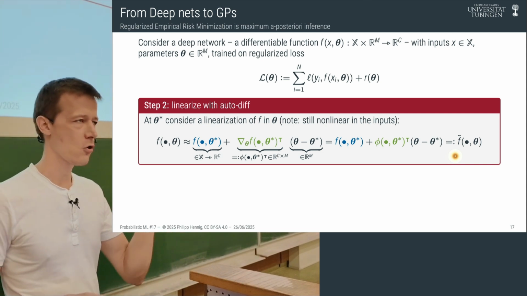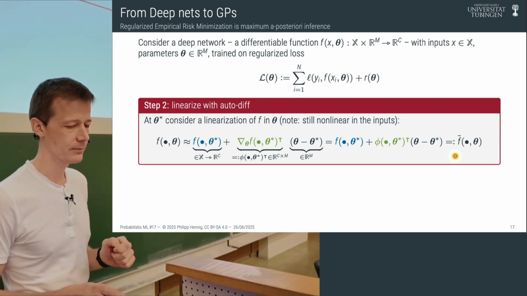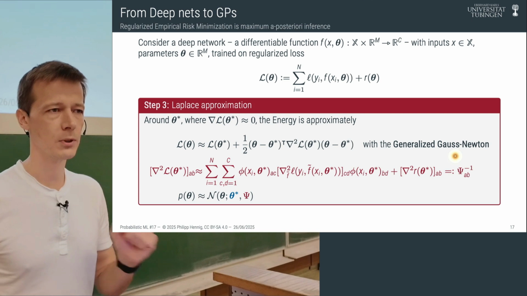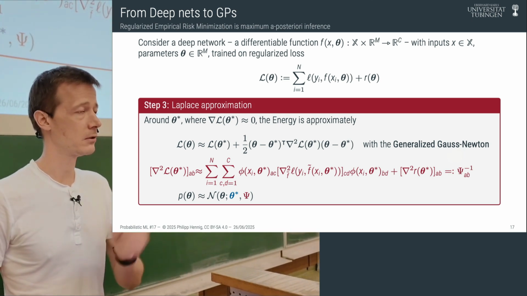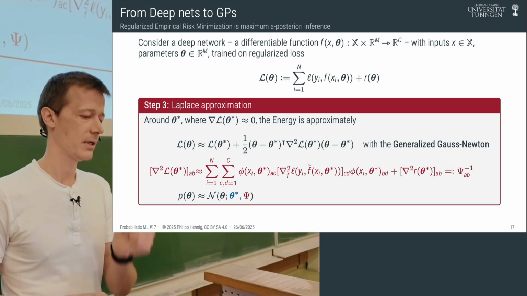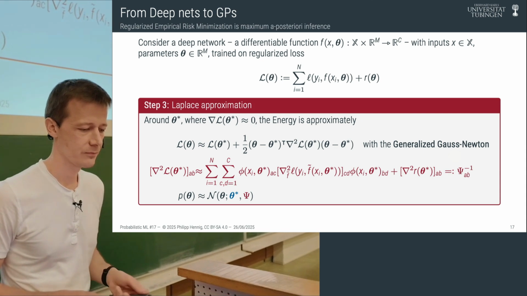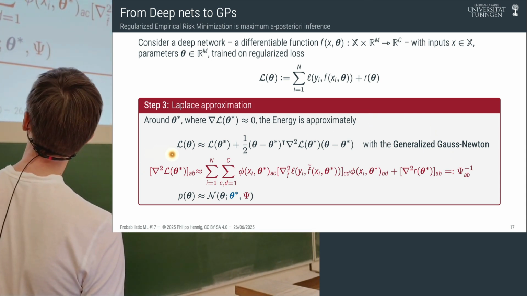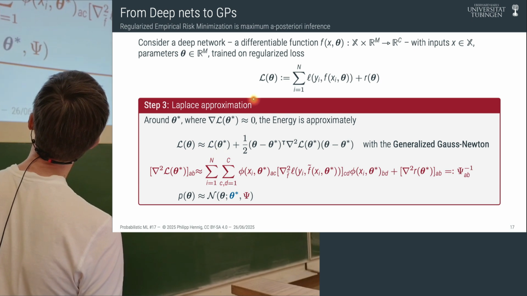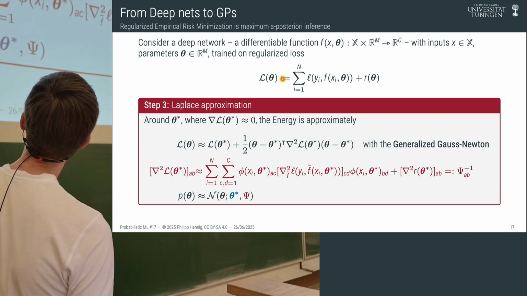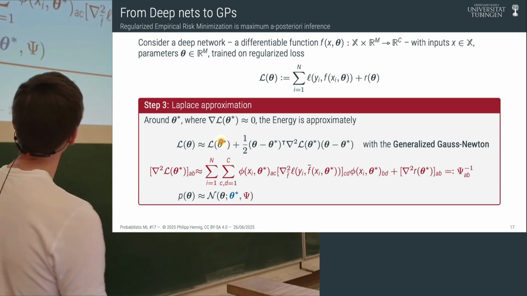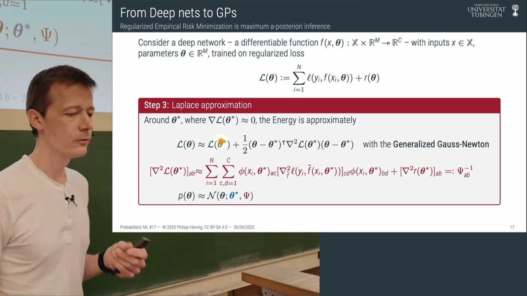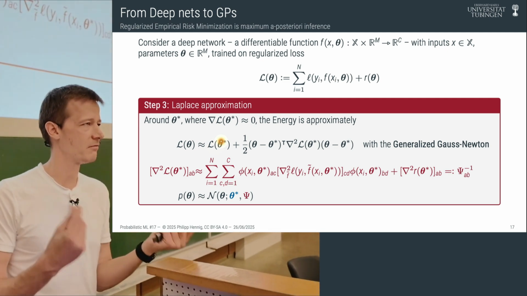Now comes a computationally demanding step, namely, we'll do Laplace approximation. We'll do what we did on Tuesday for linear models, but now we'll do it for nonlinear models. We will compute a second-order Taylor approximation to this loss function at the trained weights, at theta star. And here, we'll suspend disbelief a little bit in various ways.